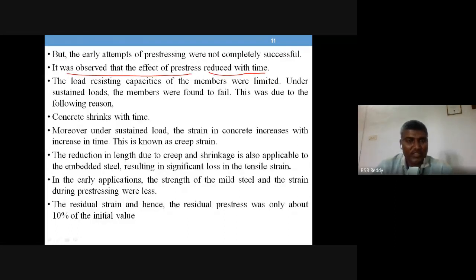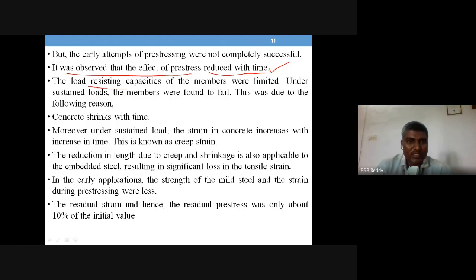As time progresses, the 100 will come down to maybe 50 megapascal or maybe to 0. So as time progresses, the compressive stress that is induced is vanishing or diminishing. So that is one reason for the failure of early attempts of pre-stressing.